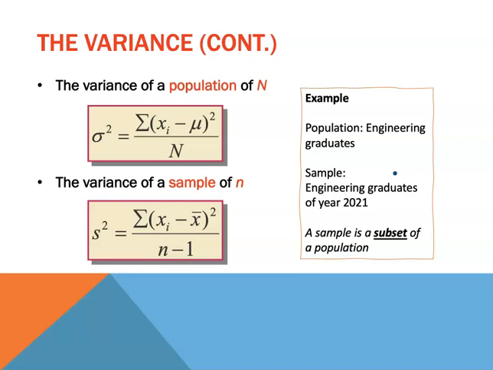It doesn't matter if you're electrical, communication engineering, or mechanical engineering graduate. All of those are considered the population of engineering graduates. But a sample of the population would be engineering graduates of the year 2021 only.